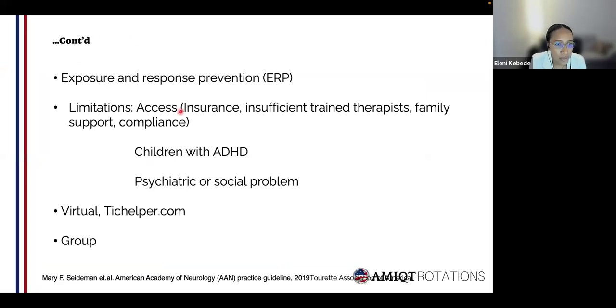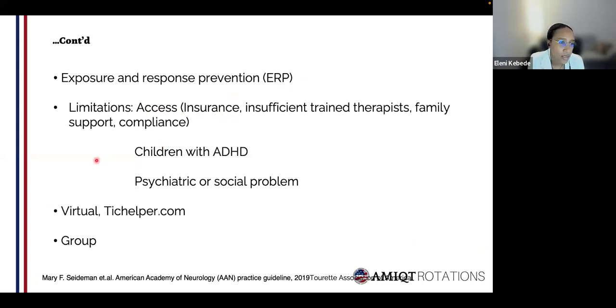The other behavioral treatment that we can consider is exposure and response prevention, which is basically saying we expose them to the urges and then we suppress the tics. That's the idea of it. Overall, behavioral treatment have limitations. Access is a big one. So most insurance don't cover these behavioral treatments.